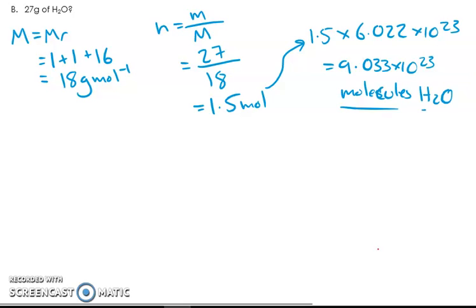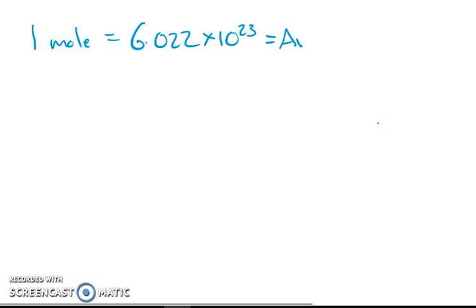So, in conclusion, we should now know that 1 mole is equal to 6.022 times 10 to the 23 elementary particles, which is an Avogadro's constant of particles. And Avogadro's constant is given the symbol NA.